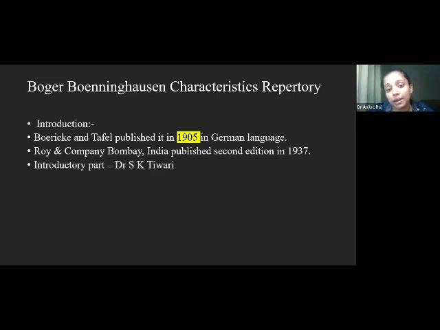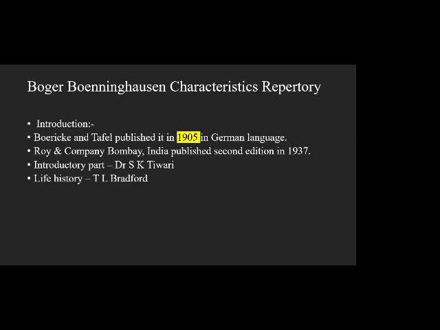Along with this, you have to go through some points in the BBCR. The introductory part was written by Dr. Boger. You can see this on the first page of the BBCR book. Next, the life history was written by T.L. Bradford. Whose life history is mentioned here? Boenninghausen.